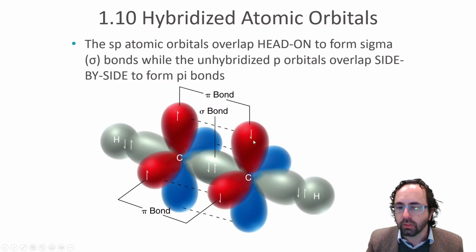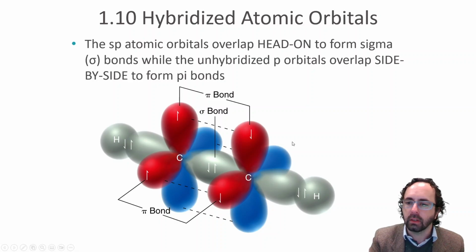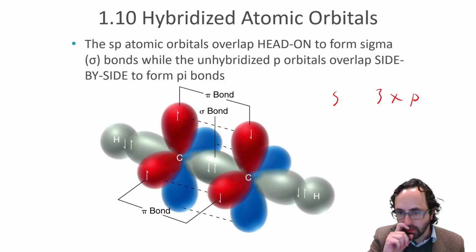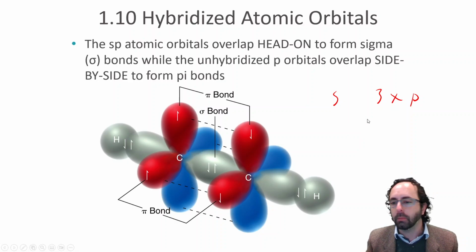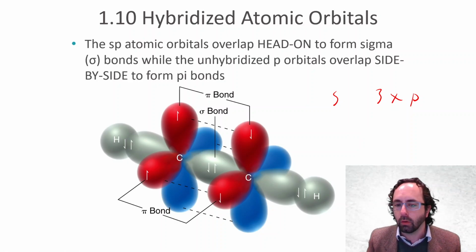Pi bonds are due to sideways overlap of unhybridized orbitals. And we'll talk about how to recognize these hybridized orbitals, but generally atoms will have 1 s atomic orbital and 3 p atomic orbitals. And when bonding occurs, these orbitals may be hybridized, meaning mixed to make equivalent orbitals.